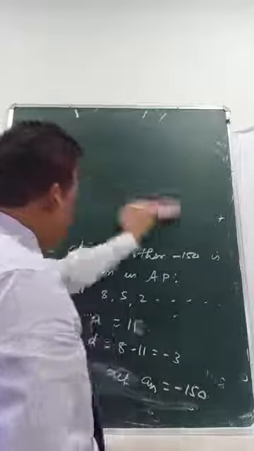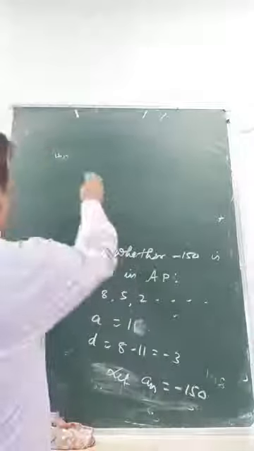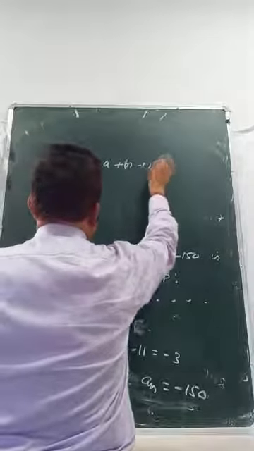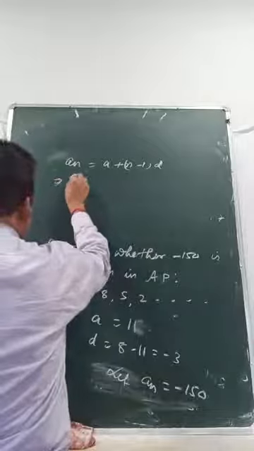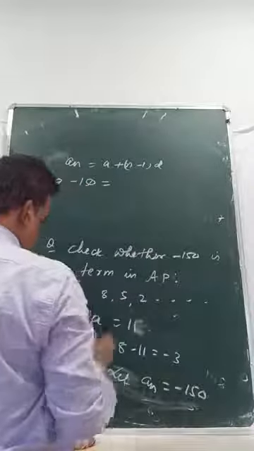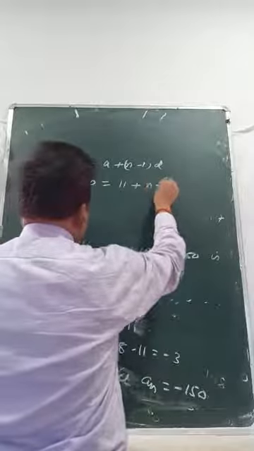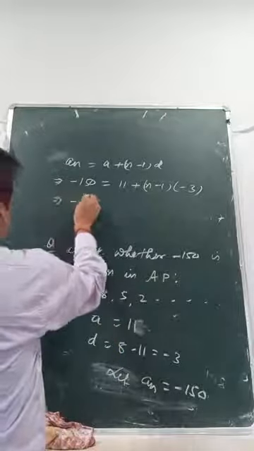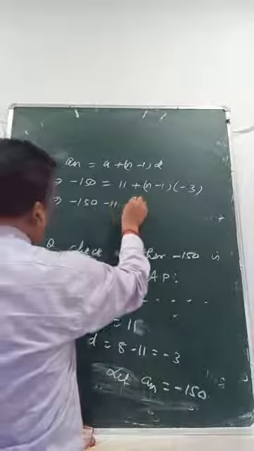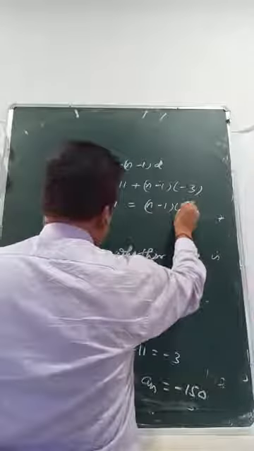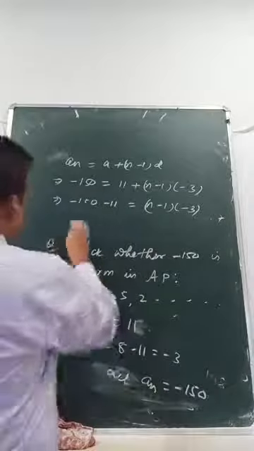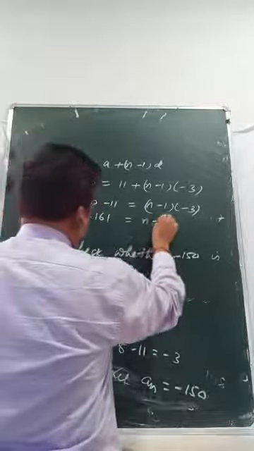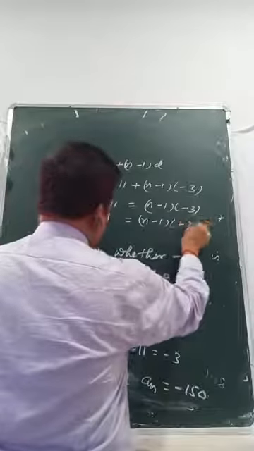Then what do you have to do? Formula: A plus (n minus 1) into D. Implies minus 150 equals 11 plus (n minus 1) into minus 3. Take 11 to that side: minus 150 minus 11 is minus 161, equals (n minus 1) into minus 3.